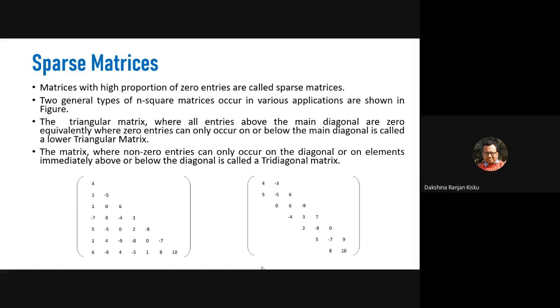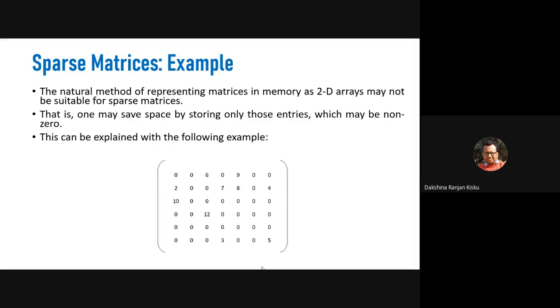Here you can see two different types of matrix: one is the lower triangular matrix, and the other is the tridiagonal matrix. Now, how do we represent a sparse matrix?